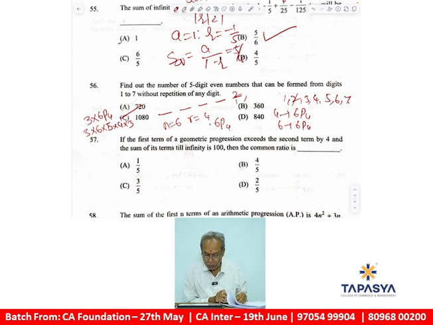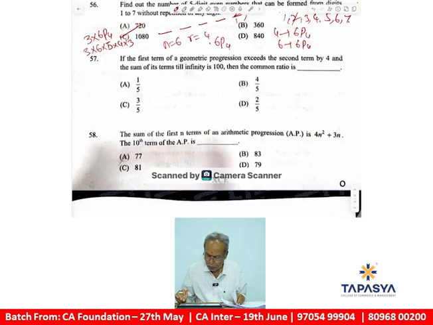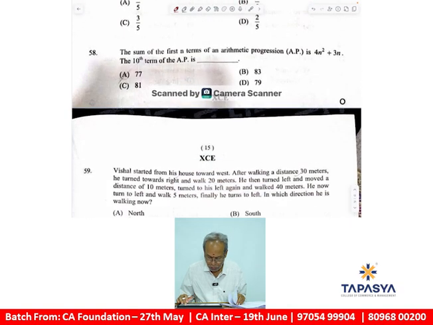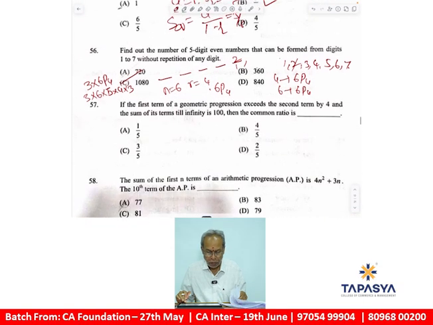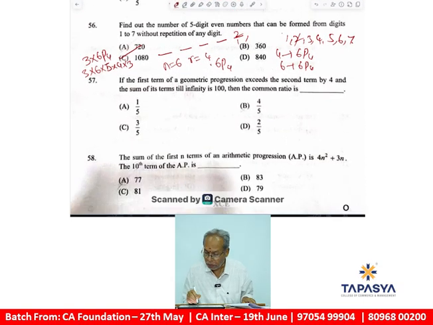Right. The first term of a geometric progression exceeds the second term by 4, and the sum of its terms till infinity is 100. Then find the common ratio. Question number 57. The first term of the GP exceeds the second term by 4, so T1 minus T2 is 4.